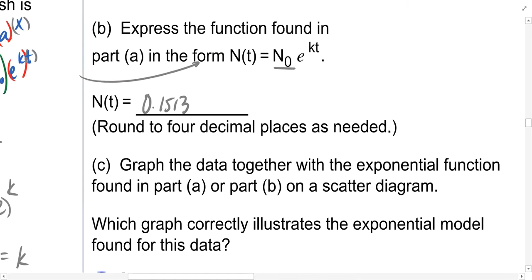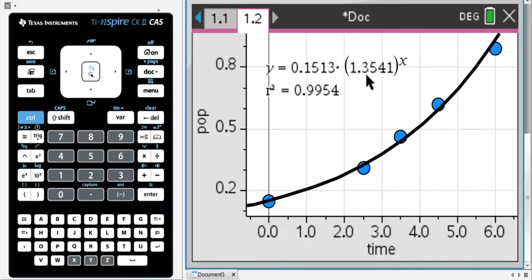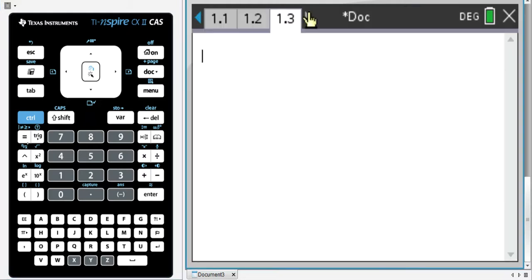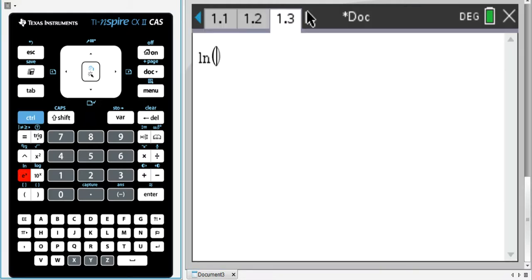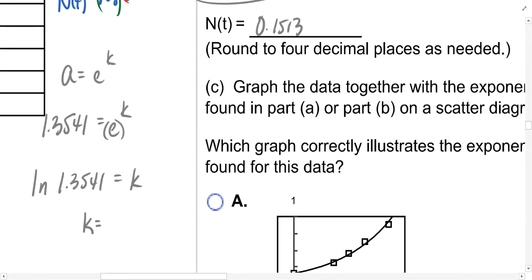Now I would be a bit nervous here because when I enter the natural log of, let's see here, I'm going to have to create a calculator page, so bear with me. Control Doc, calculator. When I do calculate the natural log of 1.3541, this decimal 3541 has already been rounded, so when I press Control Enter here, I'm losing some accuracy again: 0.3031.